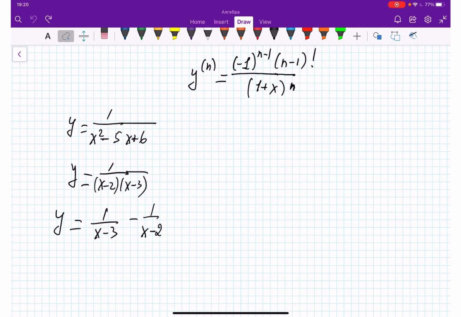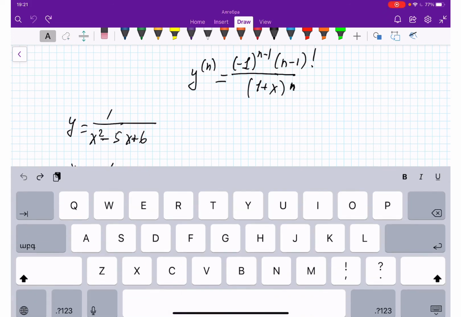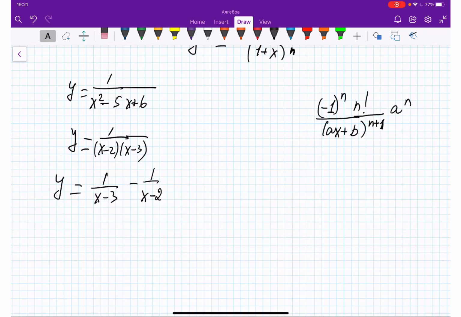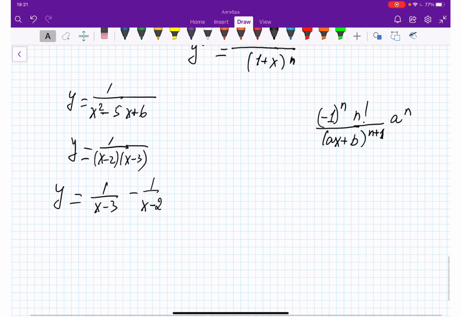I'll write it down right here, and then I'll clean it, I'll take it away. So it's going to be equal to y to the power, the nth order derivative.